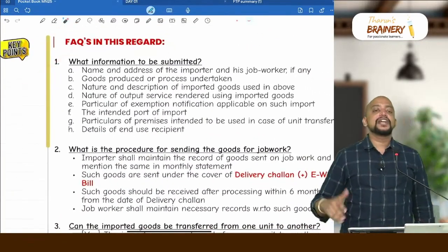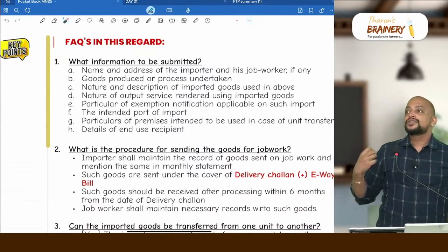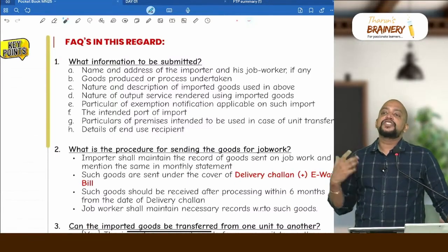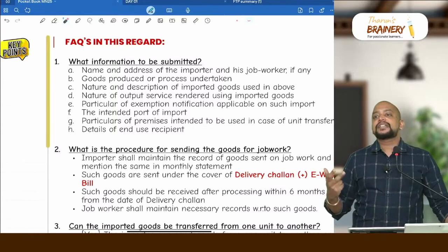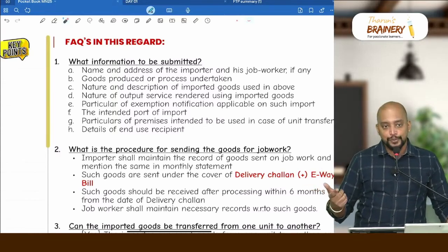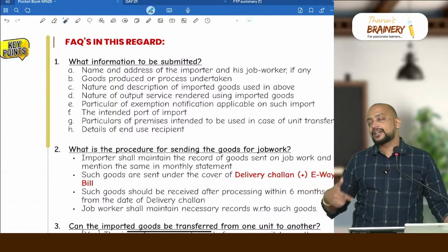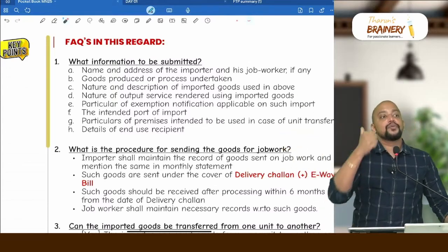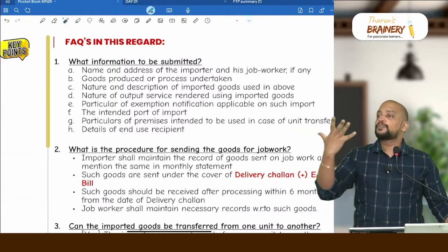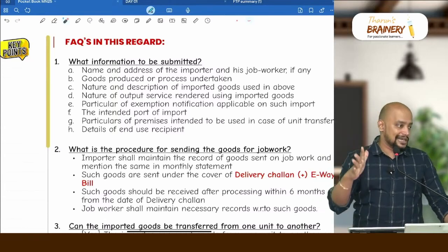Number one, what is the information to be submitted? Simple. So if I am a manufacturer, which place I am going to manufacture, what goods I am going to manufacture. If I am a service provider, what services I am going to provide. If I am a specified end use, like if I am making sale to a specified end use recipient, who is that specified end use recipient, what goods I wanted to import, which port I wanted to import, all those details I need to submit.